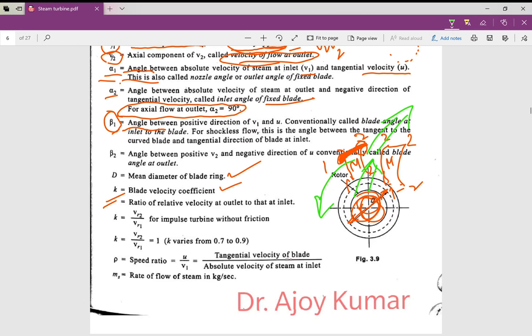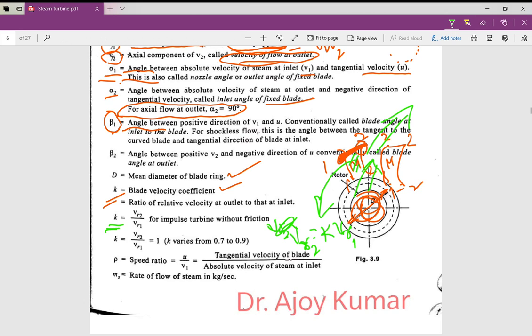Since steam glides on these two blades, friction comes into the picture. So this is the friction coefficient, which is VR2 upon VR1. Always due to friction, VR2 is less than VR1, and hence we write VR2 is equal to K times VR1.